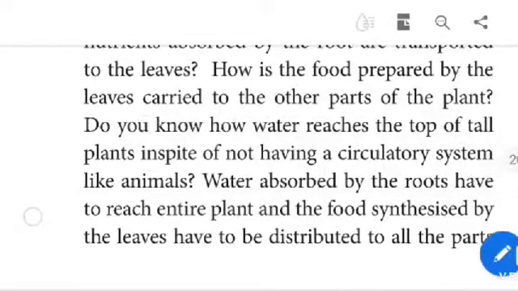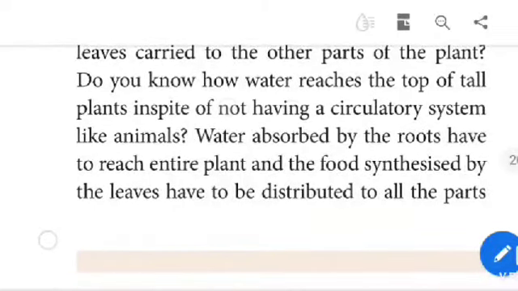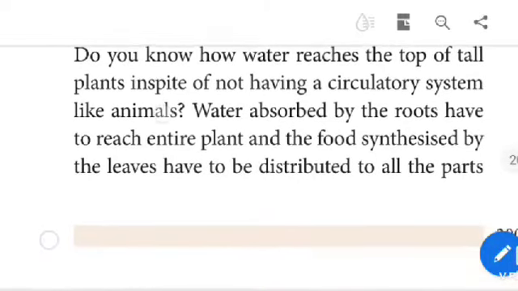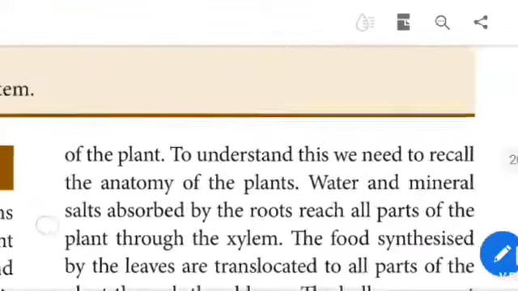Do you know how water reaches the top of tall plants in spite of not having a circulatory system like animals? Water absorbed by the roots has to reach the entire plant, and the food synthesized by the leaves has to be distributed to all the parts of the plant.